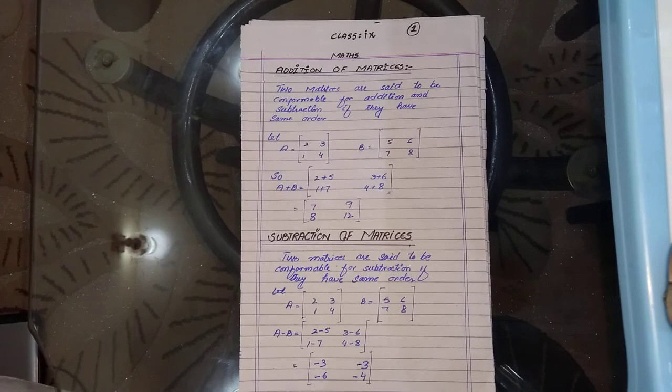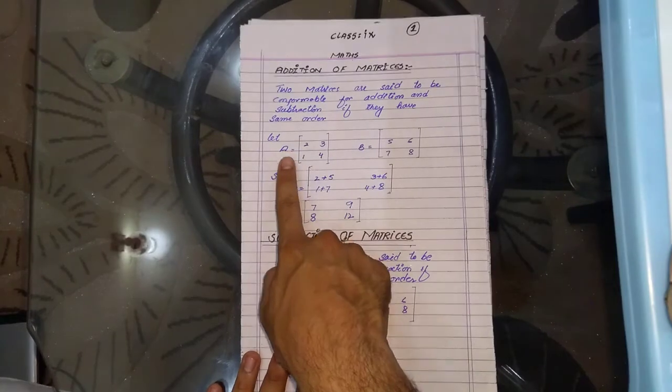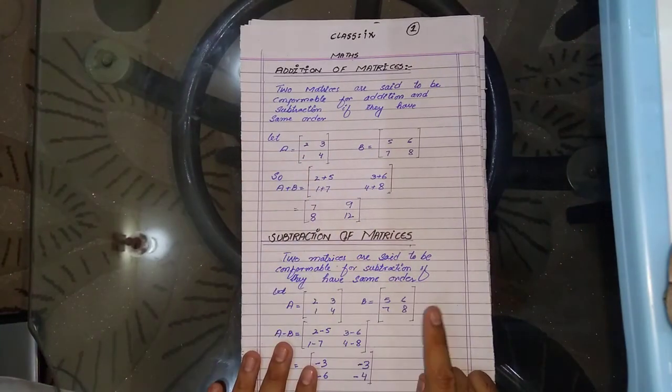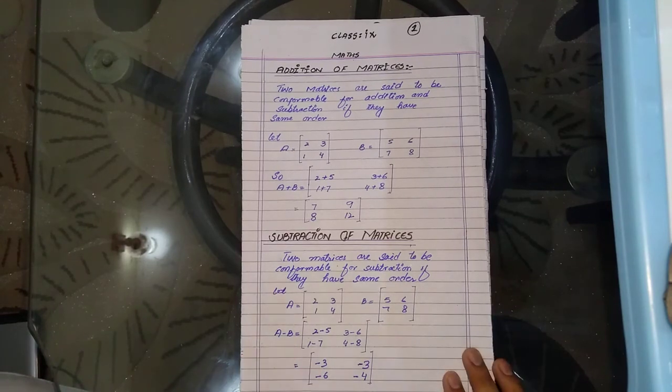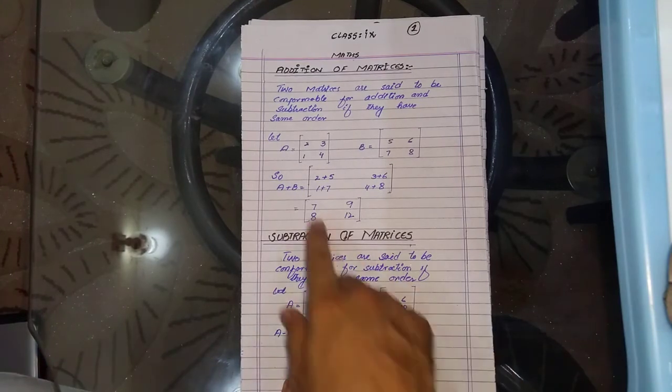If the order of two matrices is the same, this was a condition which we used in equality of two matrices. If the order of the two matrices is the same, then you can say that these matrices are conformable for addition and subtraction. Look here.